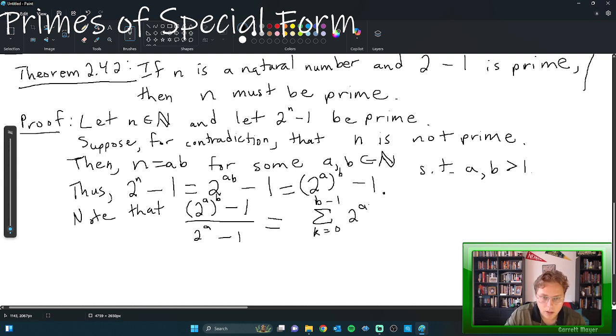And 2 to the ak. So 2 to the a minus 1 divides 2 to the n minus 1. And note also here that a does not equal n because b has to be greater than 1. So a has to be smaller than n here. So these aren't the same number.